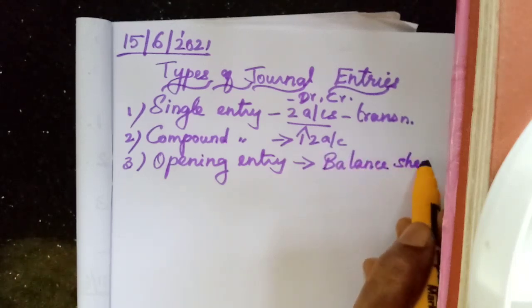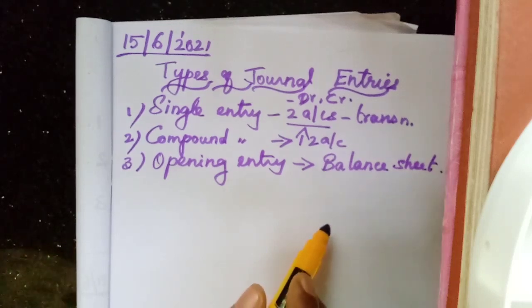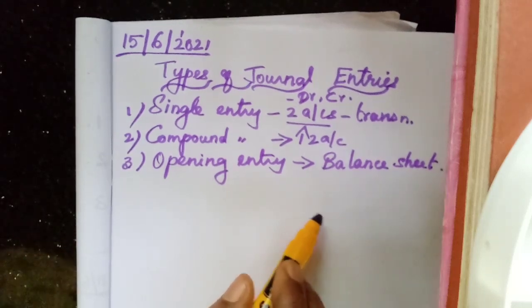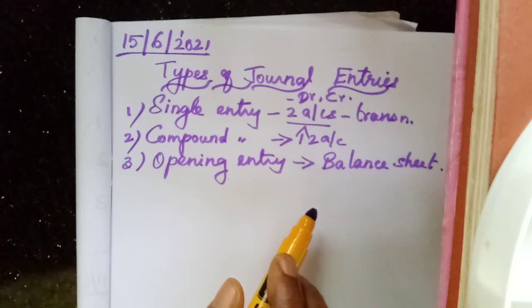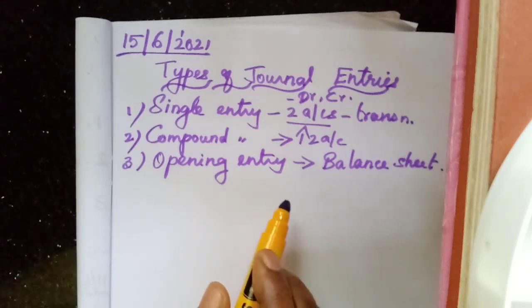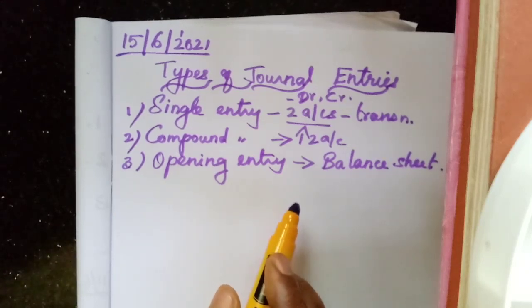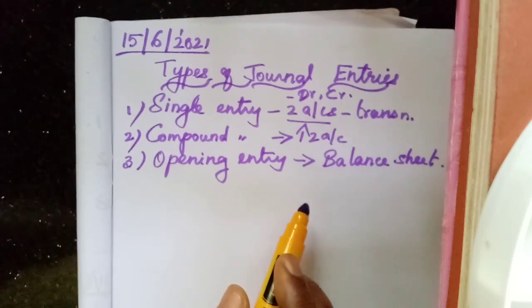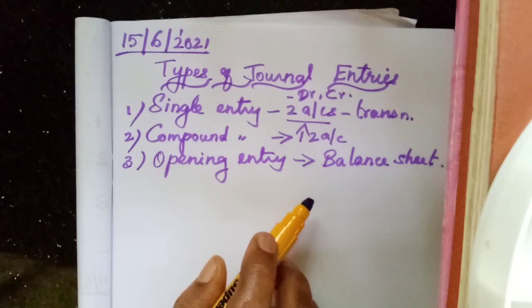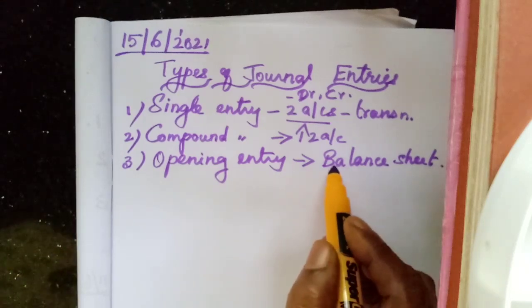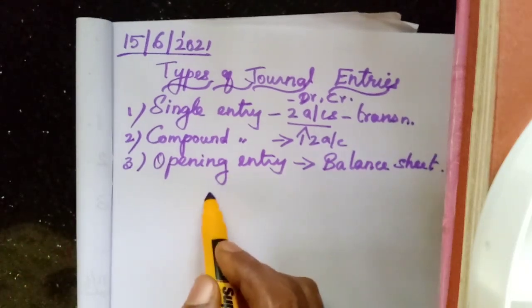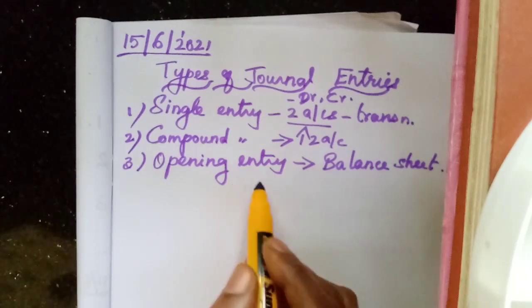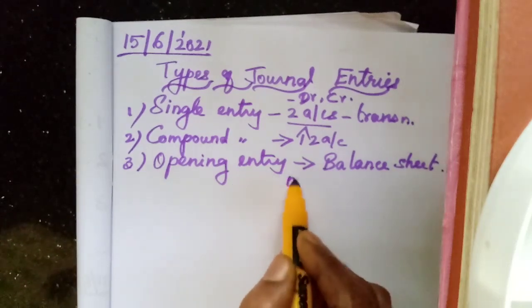At the end of the financial year, that means 31st March 2019, maybe the business year, maybe the calendar year ending 31st December, all these balance sheet items must be written as the opening entry at the beginning of the next year.